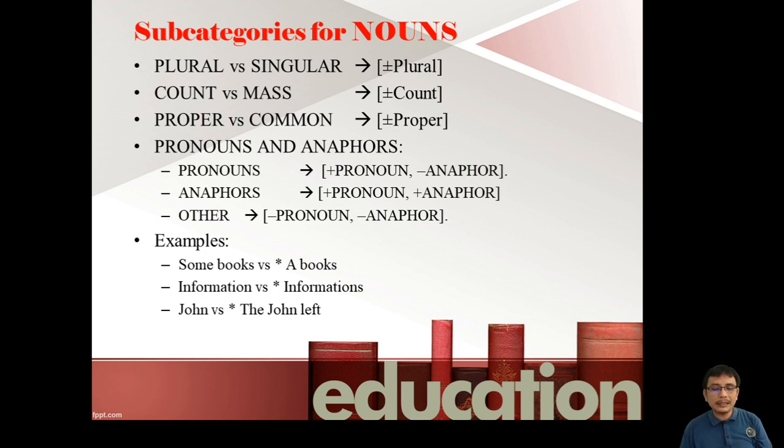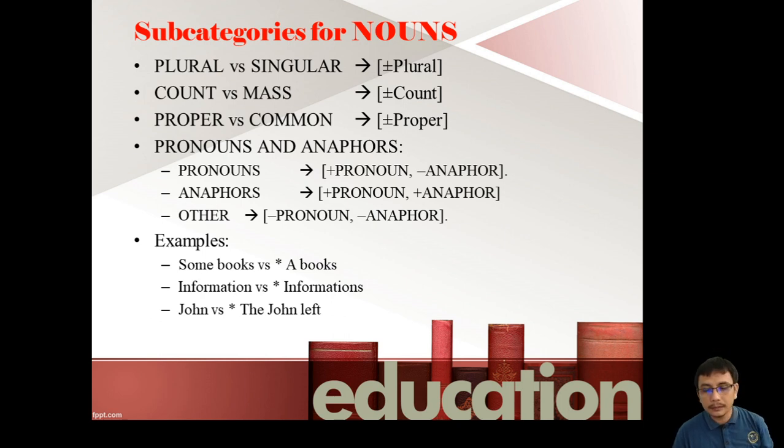So for example, we can say "some books" but not "a books," because the determiner "a" can only get along with singular, not plural. We can say "information" but not "informations" because the inflection -s can only occur with countable nouns, while information is uncountable. And then John: we cannot say "the John" because John is a proper noun, and we do not use determiners with proper nouns.